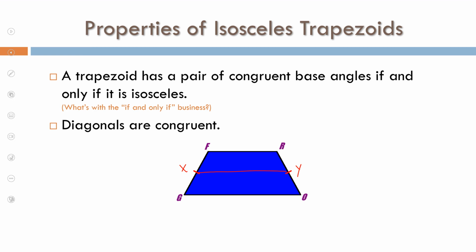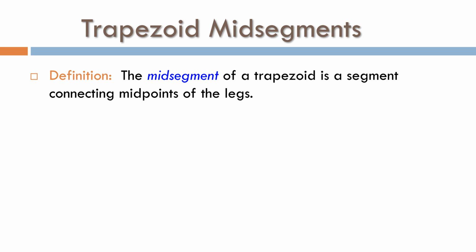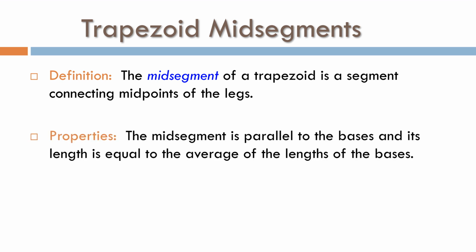And that mid-segment has a number of properties. The biggest thing is that its length is the average of the other two sides, the other two bases. It's parallel to the other bases, you can see that from the picture, and it's the average of the two lengths of the bases.